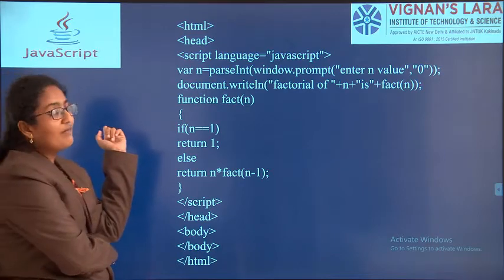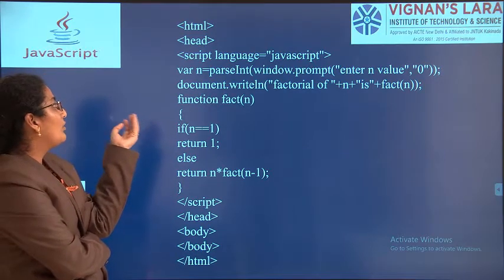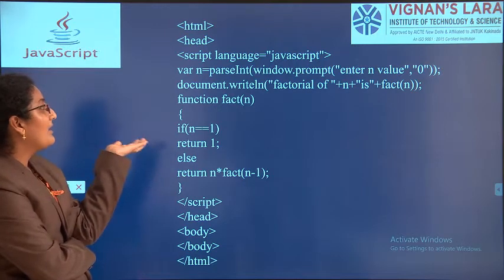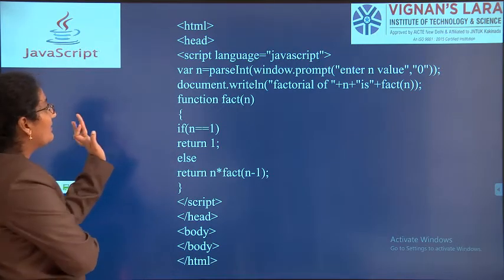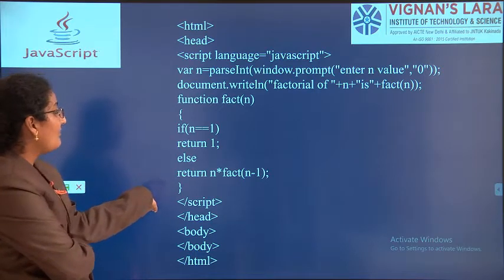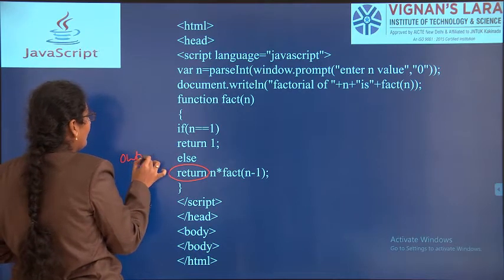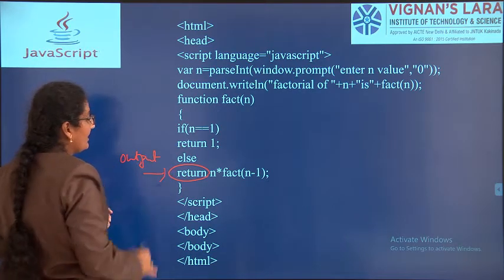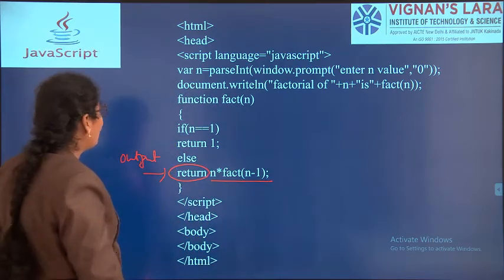So this is the program for finding the factorial of numbers, and we have written it in JavaScript. It will differ in some points only, as I said now. This return is used for output. What we want to print in the output, for that we use return. So n into fact of n minus 1 is a simple formula only.